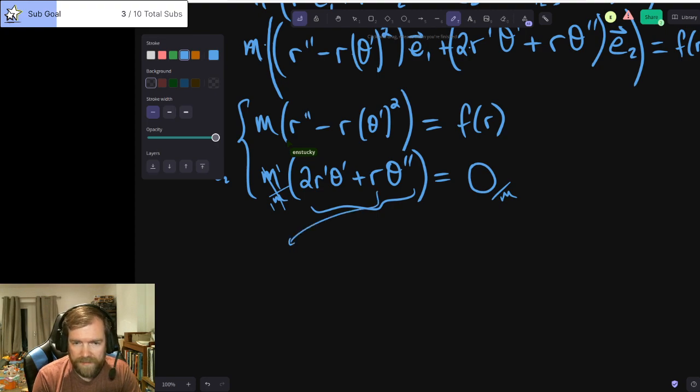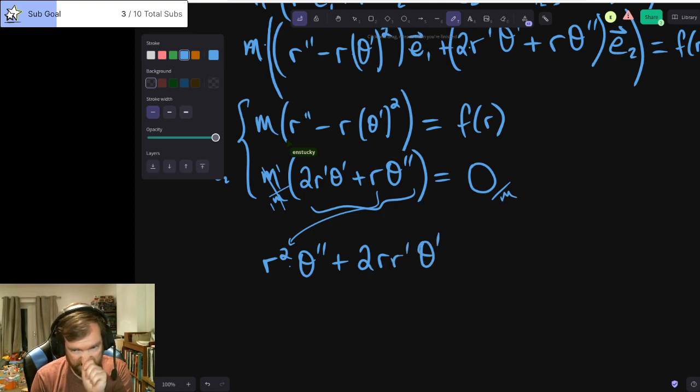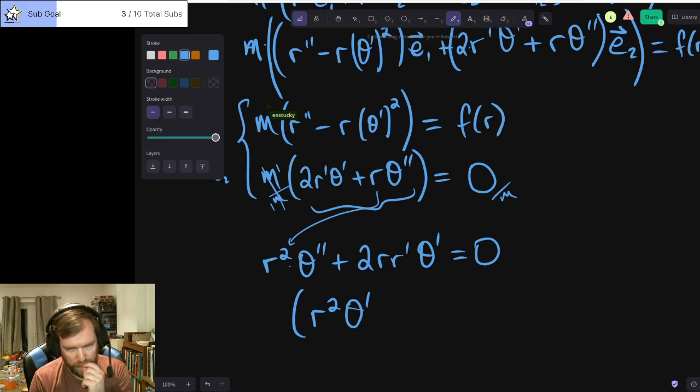Okay, to get r squared theta double prime plus 2r r prime theta prime still equal to 0, which is the same as, I don't want to use that notation, it's nice, but we're not going to do that just yet. This is going to be the same as r squared theta prime, all primed, equal to 0.